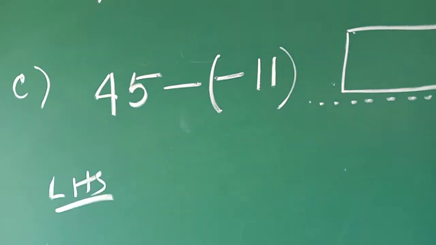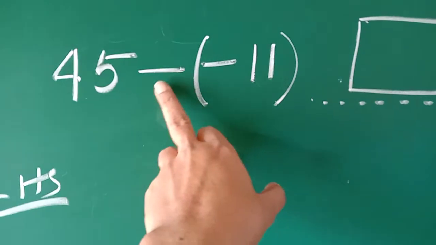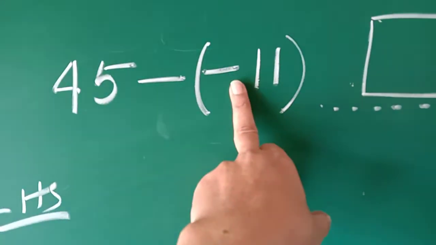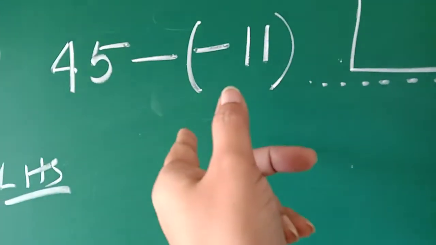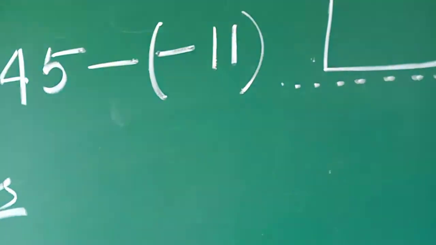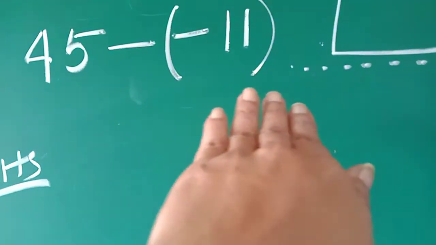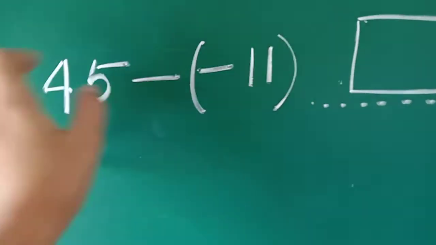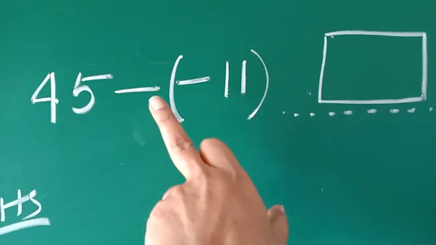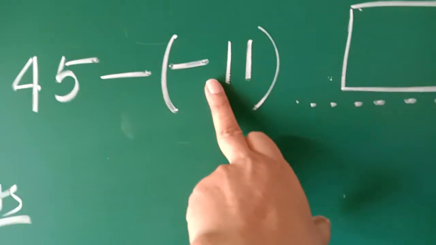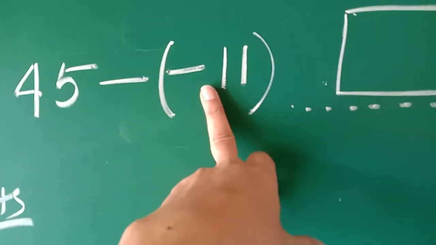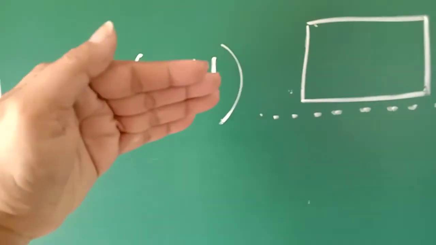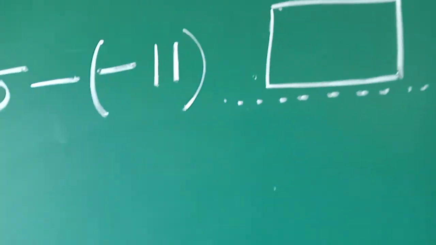Actually we are adding it. That's why we are going to the right side, not to the left, though it is a subtraction sign, because we are subtracting a negative integer.